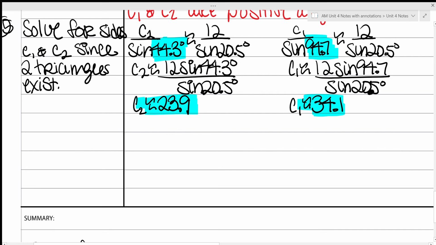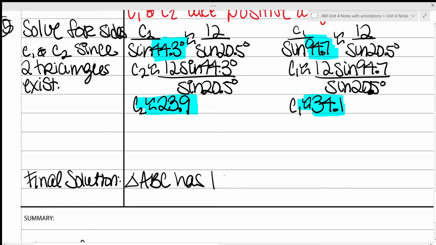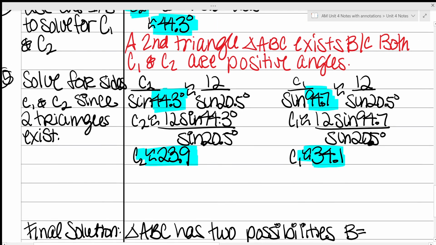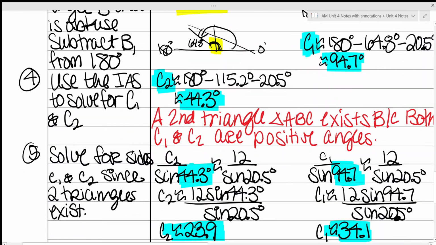Let's look at this. Hang on. Triangle ABC has two possibilities. Okay, B is approximately 64.8.